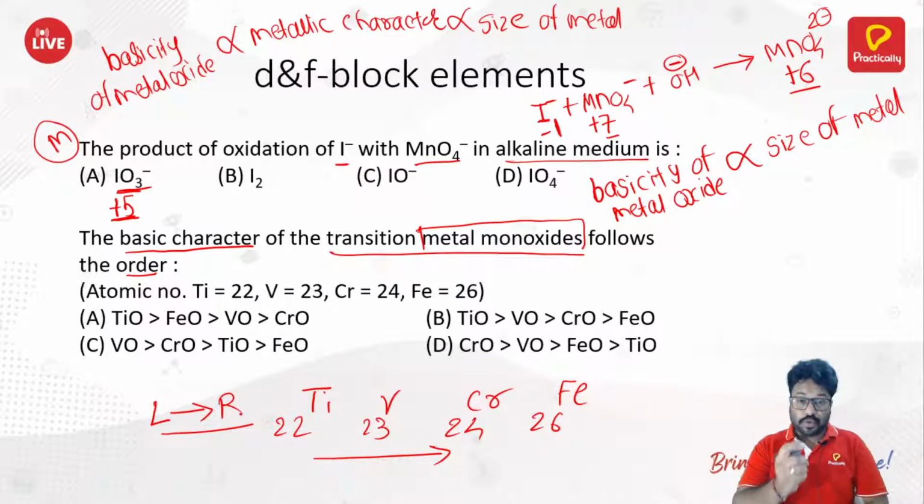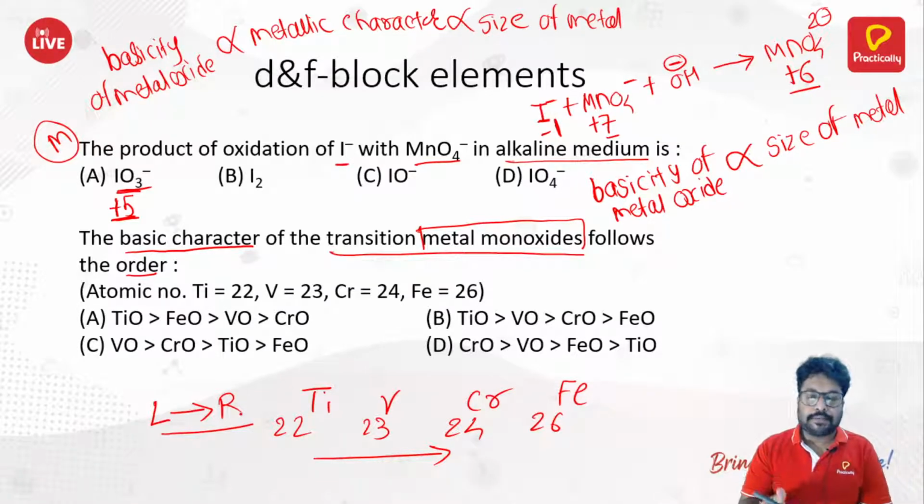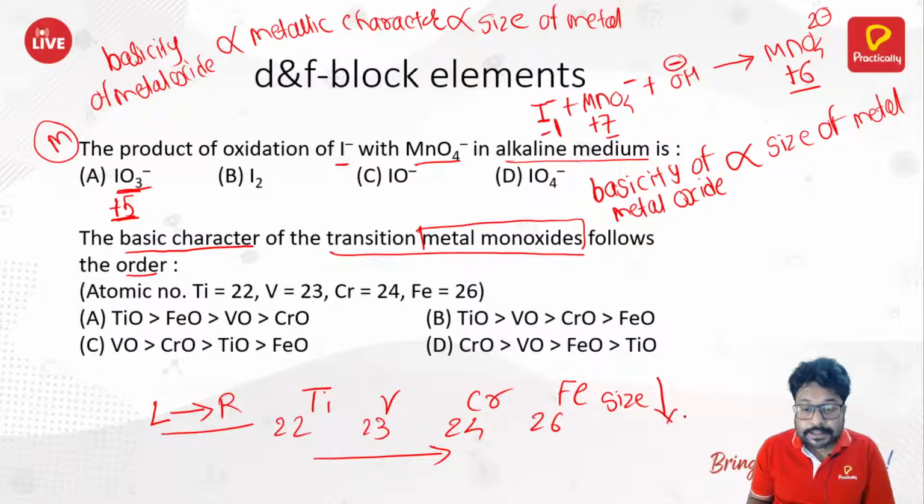And as we have studied in the periodic table, whenever you are going from left to right, the size decreases. So as the size decreases, metallic character also decreases. And that is why in all this example, the titanium oxide should be most basic.